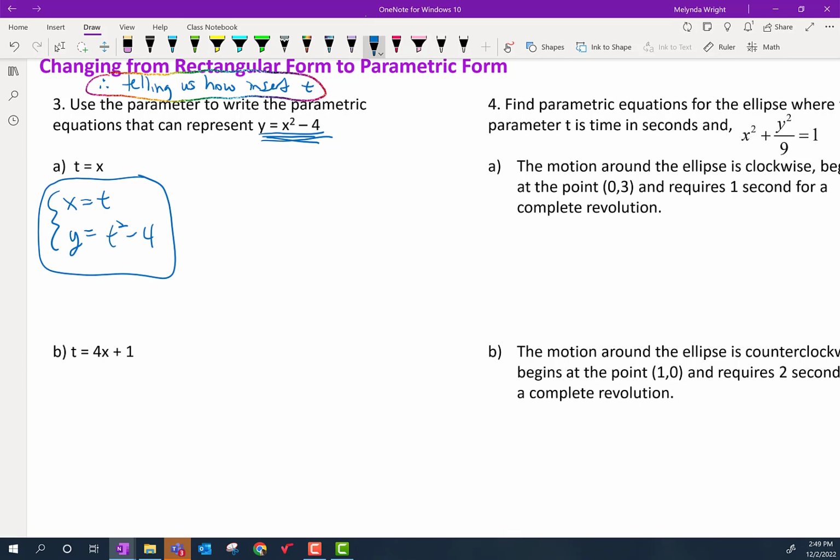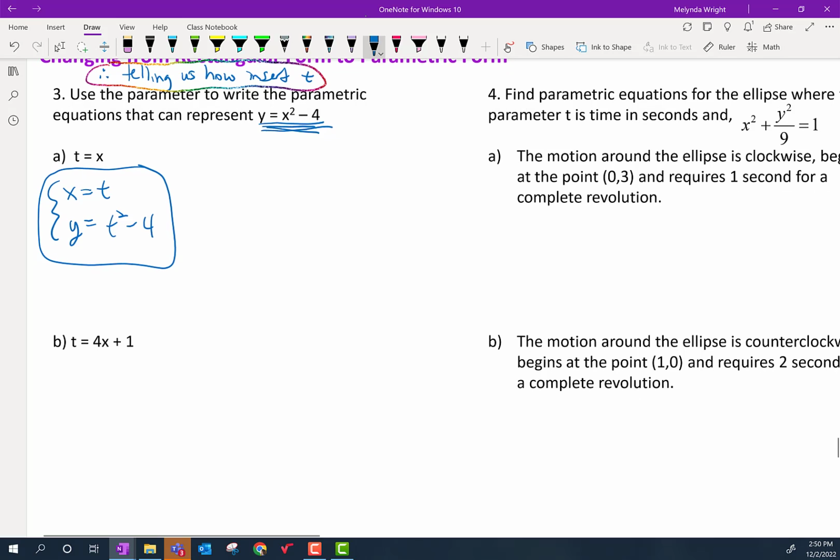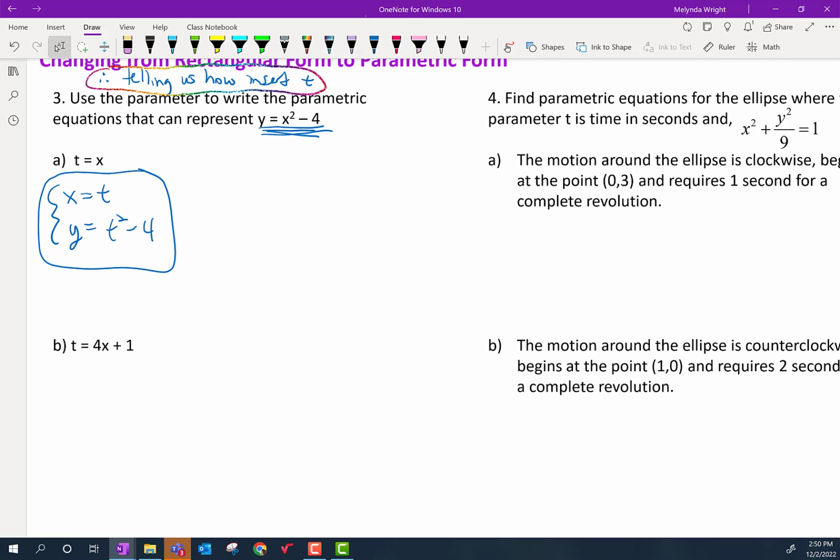The next one is a little bit more complex because t isn't just x, it's actually 4x plus 1. A little bit harder, but not too bad. So let's first figure out the x equation. That would be handy. So let's solve for x. So t minus 1 is 4x. So x is going to be 1/4 times t minus 1. And if you want to distribute the 1/4, please, by all means, do so.